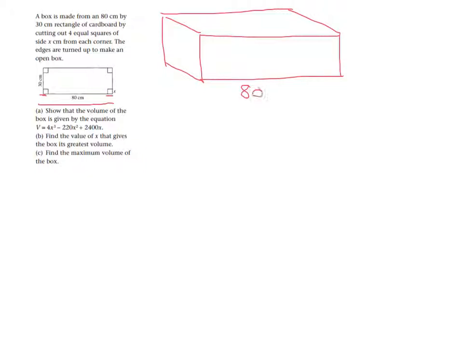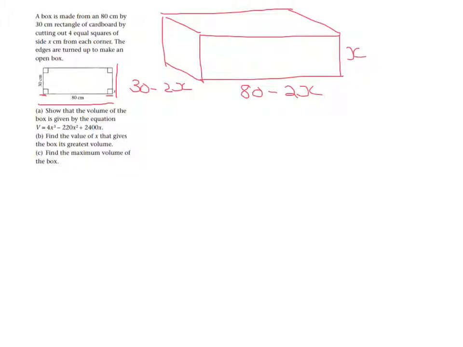So therefore the length is now 80 minus 2x centimetres, and the width, 30 minus 2x. And if you think about that box being built up, how high will it stand? It'll just be x, because that's the cutout bits. So that's our volume.